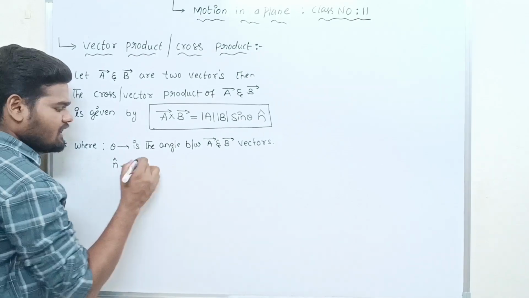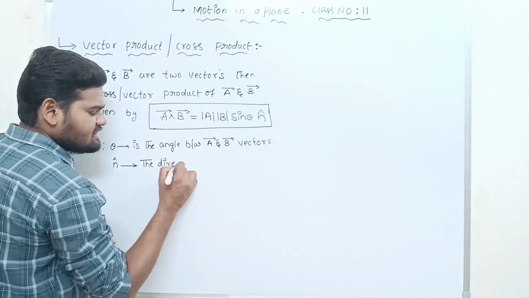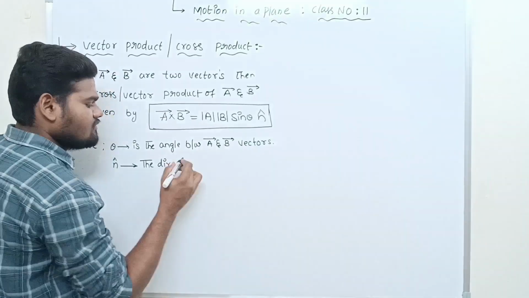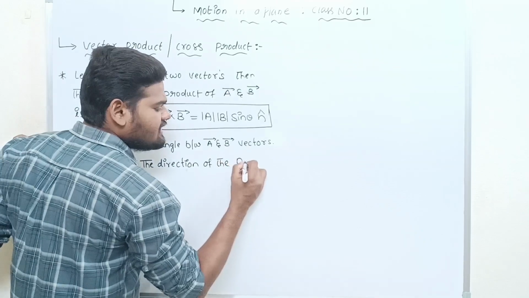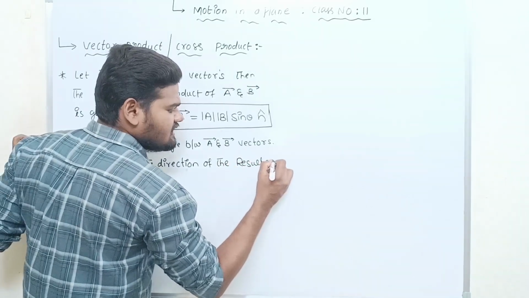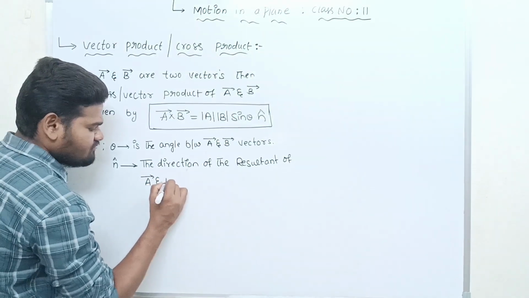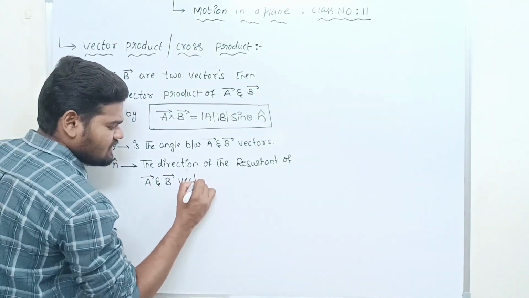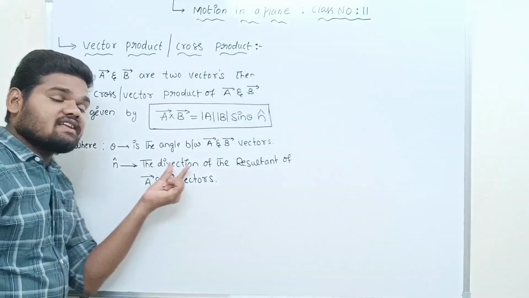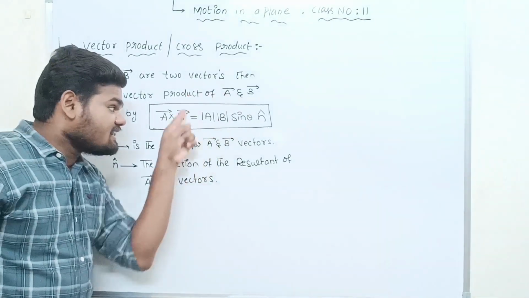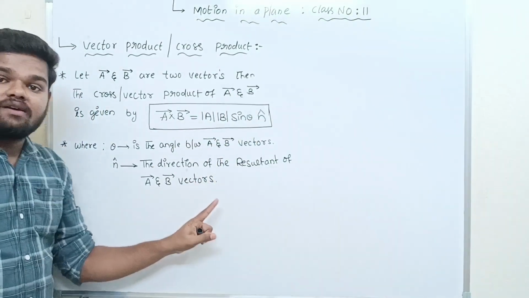The n cap gives the direction of the resultant of a bar and b bar vectors. So n cap is the direction of the resultant of the a bar and b bar vectors.